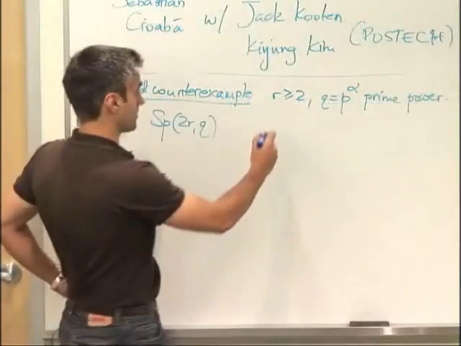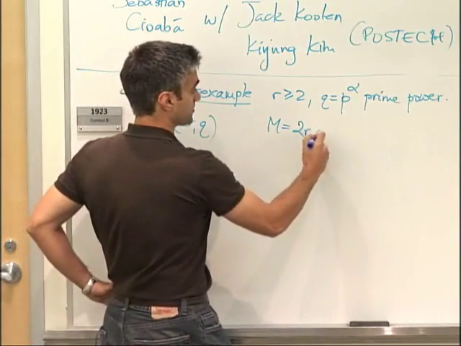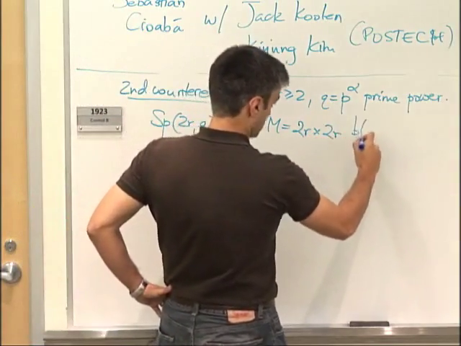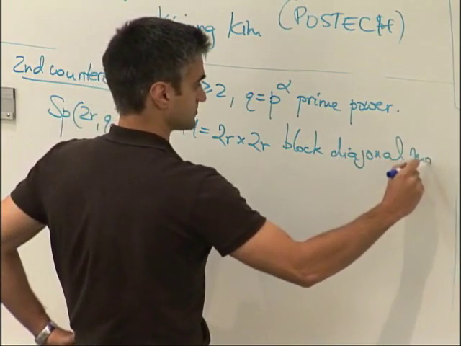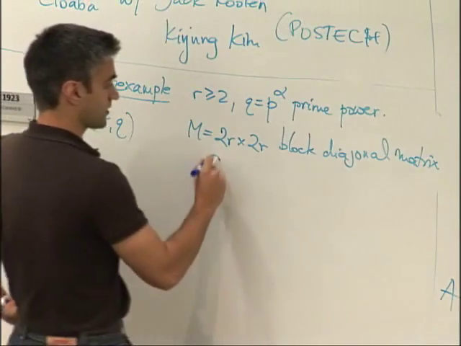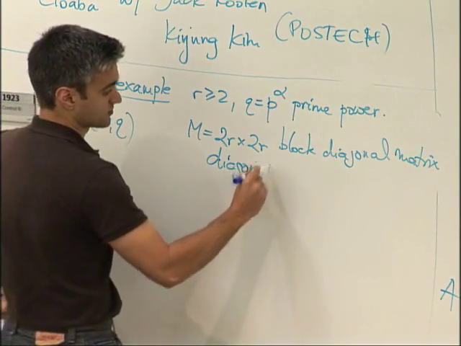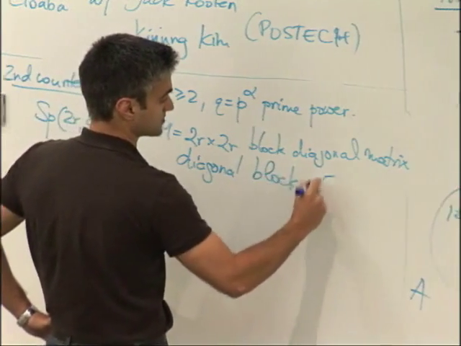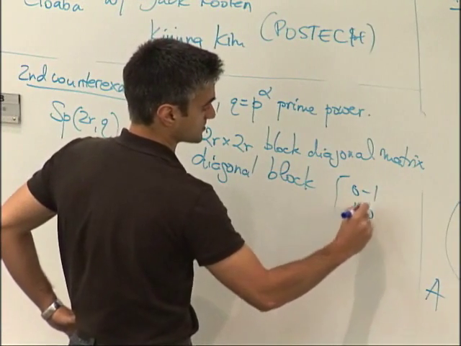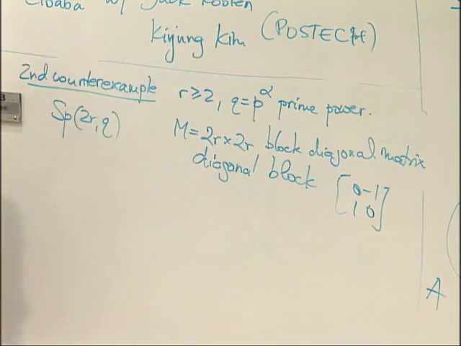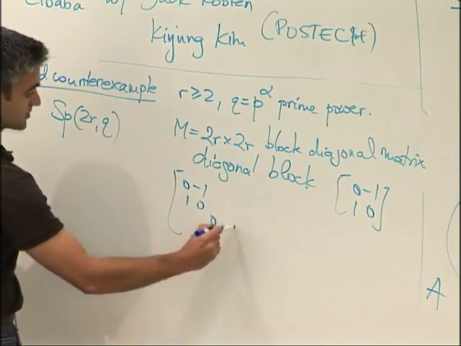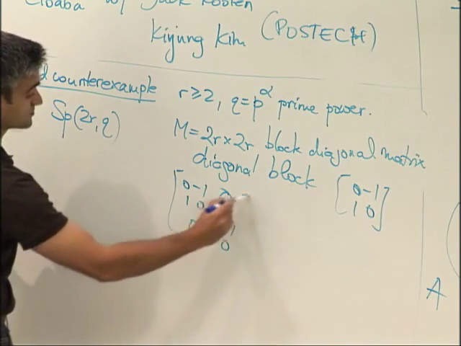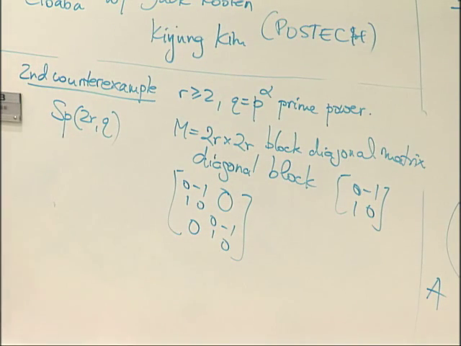M is going to be a 2r by 2r block diagonal matrix, where the diagonal block is this one: 0, minus 1, 1, and 0. So for r equals 2, this is 0, minus 1, 1, 0, 0, minus 1, 1, 0, and zeros elsewhere. This is M in that case.